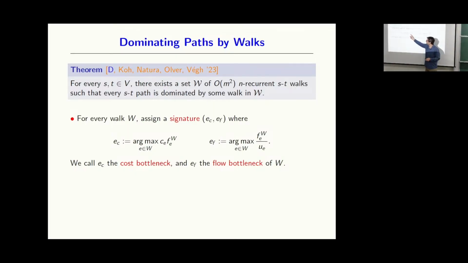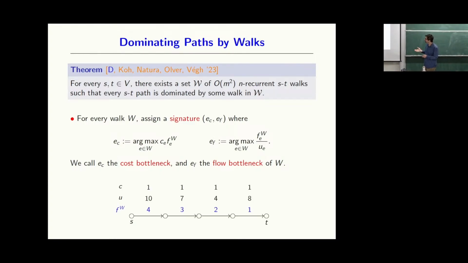That's basically the idea. And there will only be a small number of distinct signatures. And the signatures will relate to the natural things coming from what we need for domination. The signature will relate to the most expensive arc from the perspective of cost, and the most dangerous arc from the perspective of violation of capacity. So there are two objects that we need to pay attention to. The most expensive arc, that's the cost bottleneck, and the arc for which I use the largest fraction of capacity, that's the flow bottleneck.